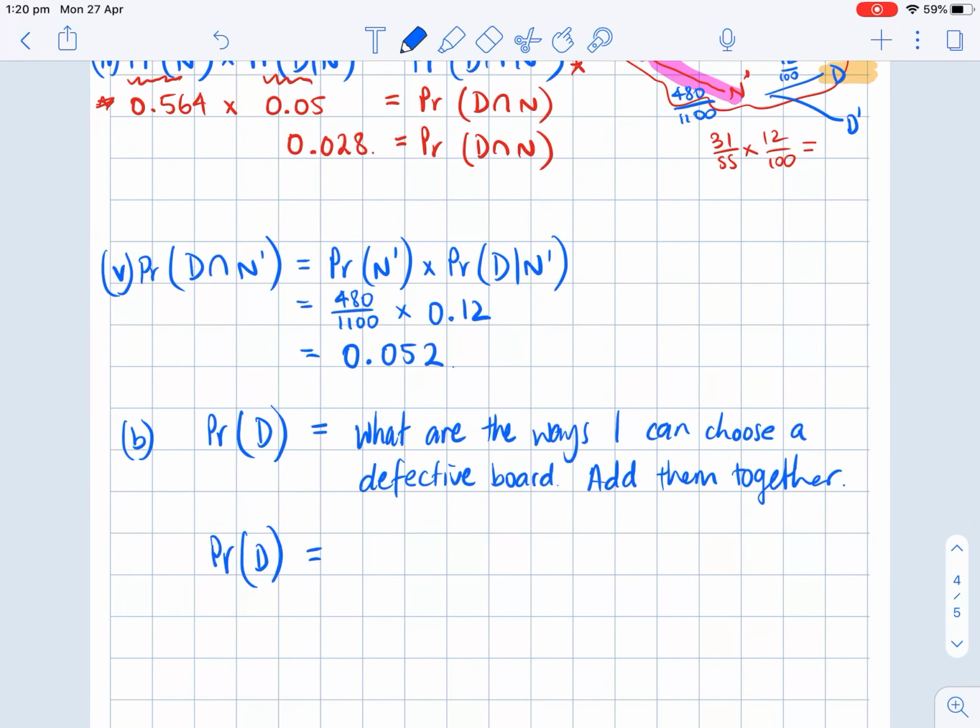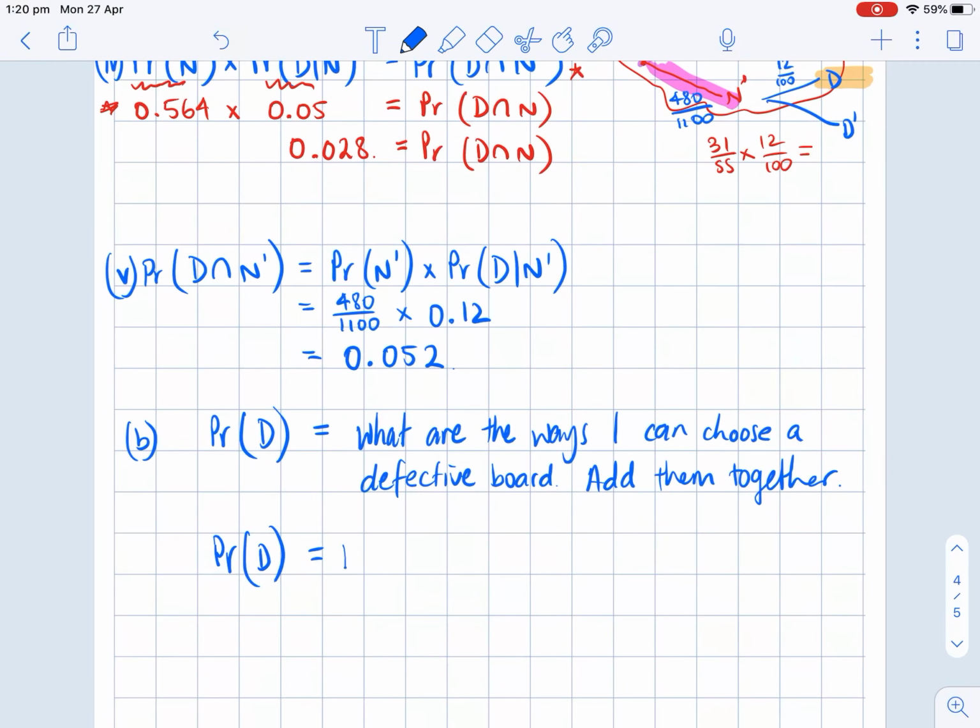So for the whole chance of being defective, I'm going to write out all of the notation here. It is the probability of coming from the new machine and then being defective, plus the probability of coming from the old machine and being defective.